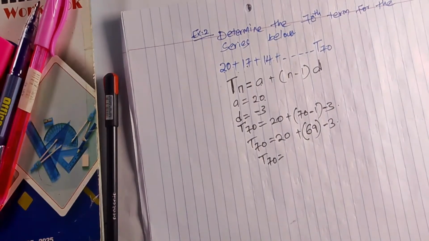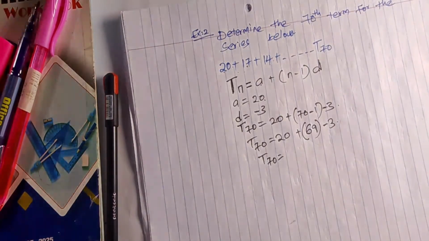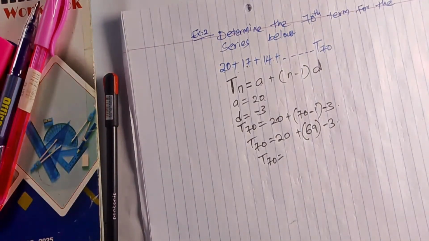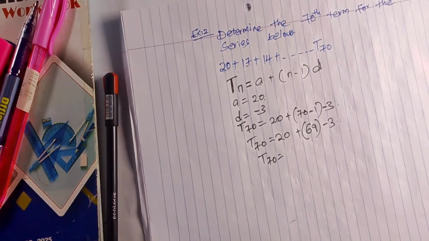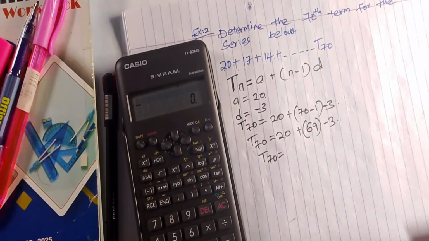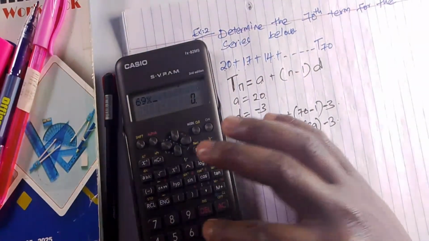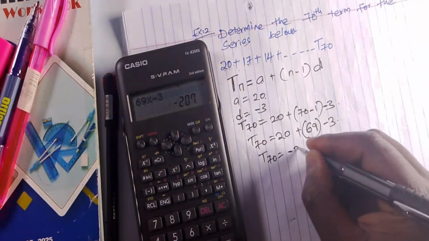So our T70 is going to be equal to 20 plus 70 minus 1, which is 69, multiplied by negative 3. What is 69 times negative 3? Let me pick my calculator. 69 multiplied by negative 3 will be equal to negative 207.